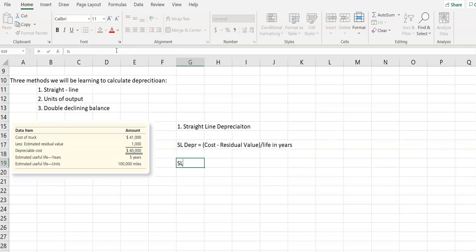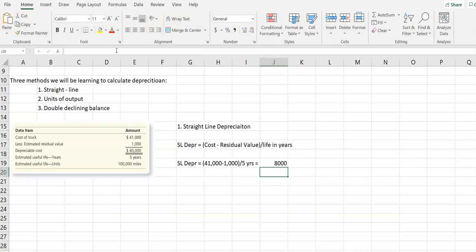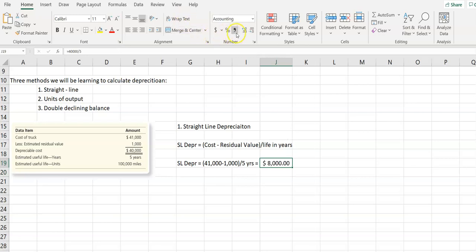So for this one, it's going to be $41,000 minus the $1,000 salvage divided by 5 years. So 40,000 divided by 5, and that is $8,000 per year.